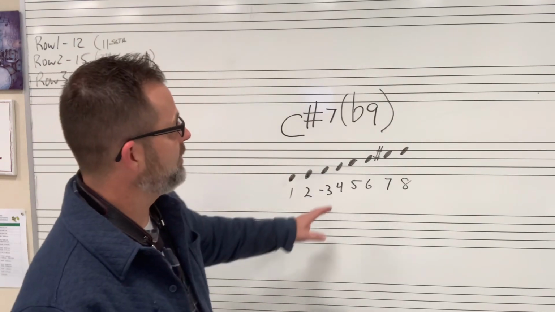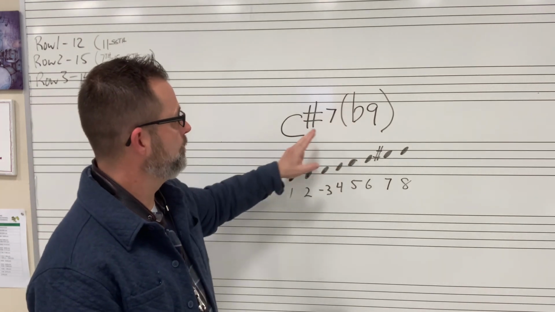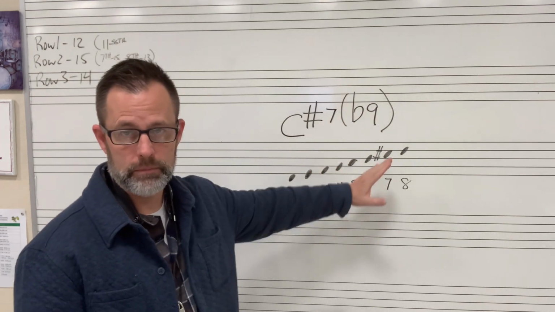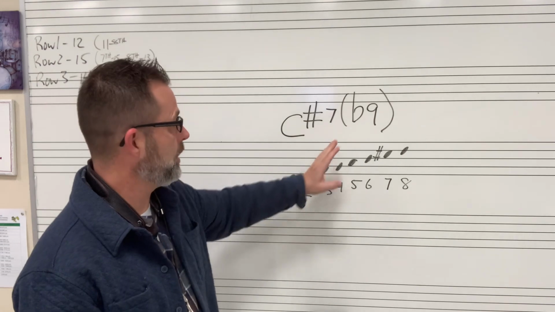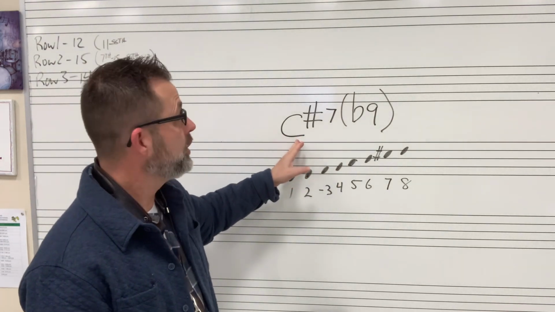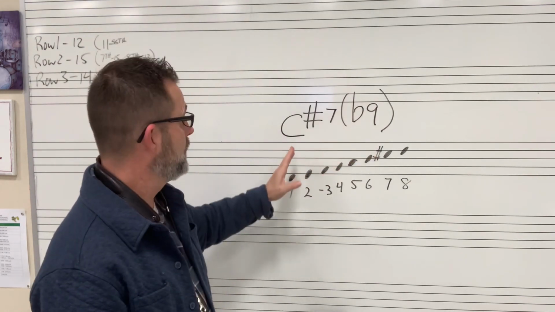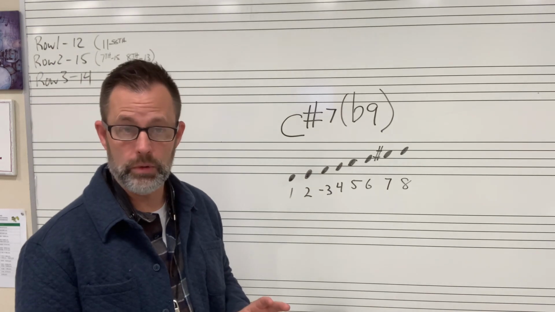So if you have a dominant chord with a flat 9, I'm just going to use the same scale, D jazz minor. So if you have a dominant chord, or C sharp 7, you would actually go to the flat 9, which in this case, remember the 9 is the same as 2.